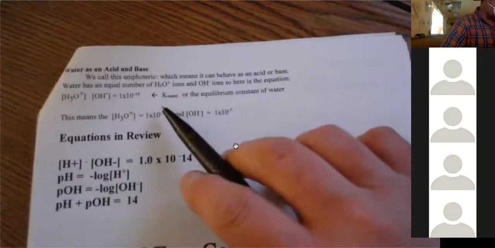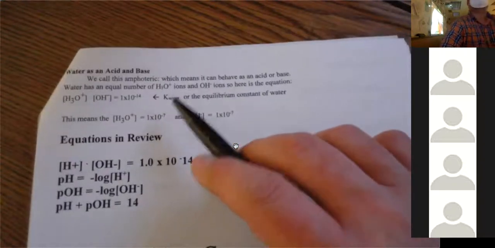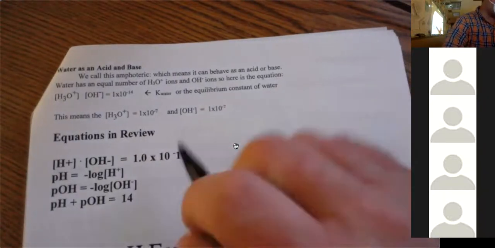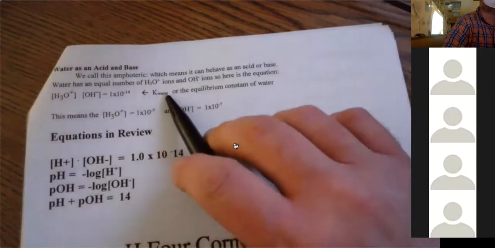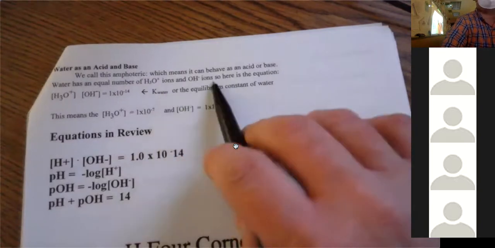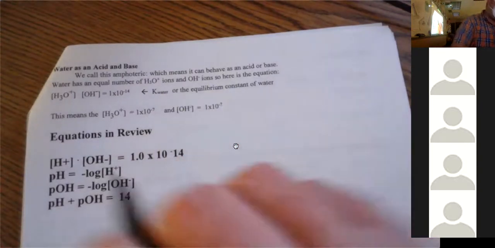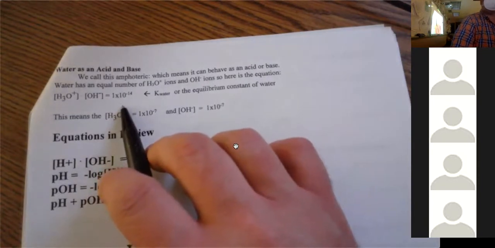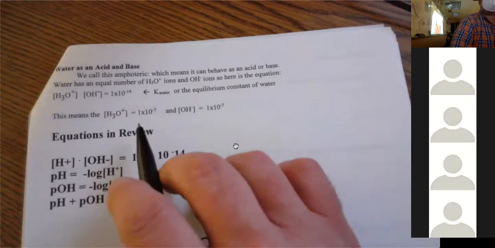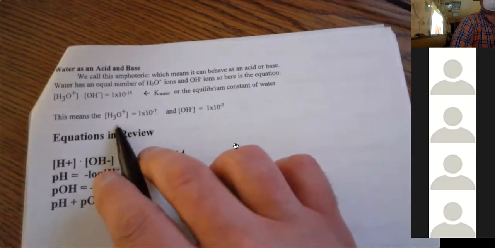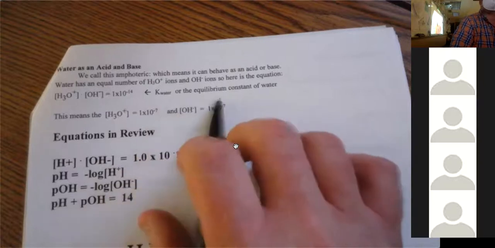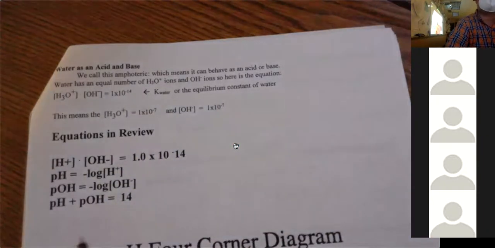Water acts as what we call an amphoteric substance. It is both an acid and a base. The constant of water, or what we call Kw, is the equilibrium constant of water. That equals 1 times 10 to the negative 14. That means pure water has a hydrogen ion concentration of 1 times 10 to the negative 7 and a hydroxide ion concentration of 1 times 10 to the negative 7.